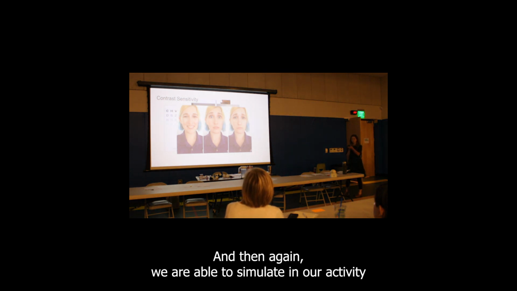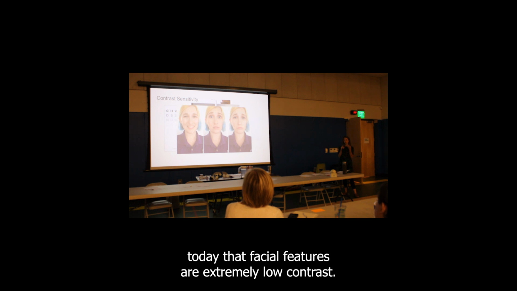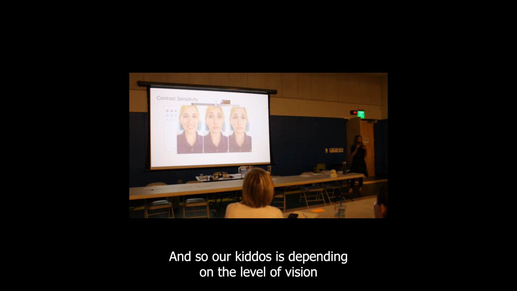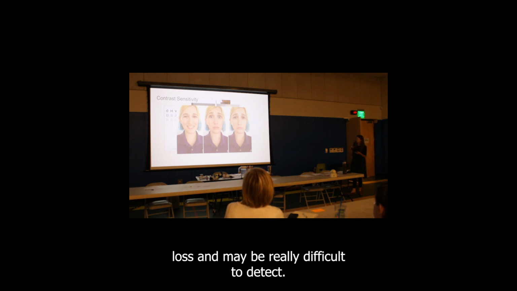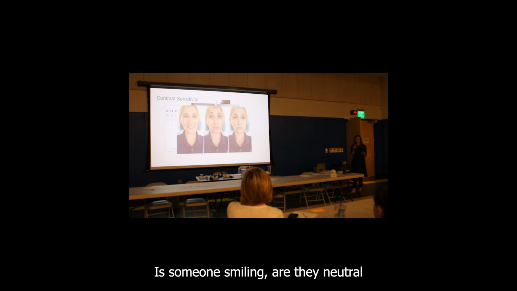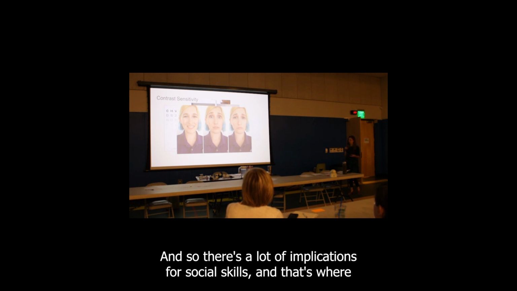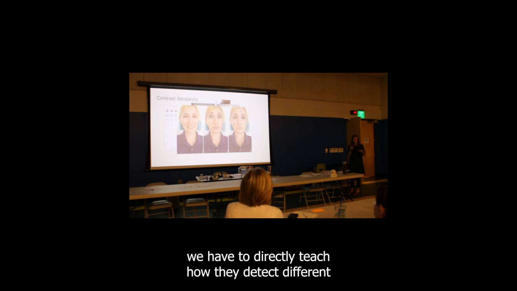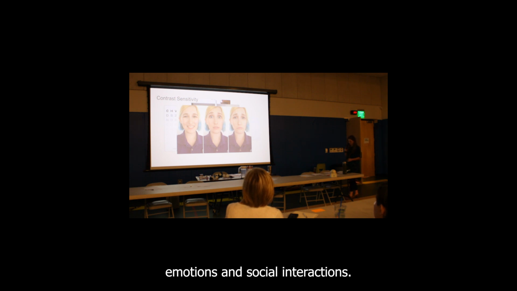And then again, we were able to simulate in our activity today that facial features are extremely low contrast. And so our kiddos, depending on the level of vision loss, it may be really difficult to detect: is someone smiling? Are they neutral? Are they frowning? And so there's a lot of implications for social skills, and that's why we have to directly teach how to detect different emotions and social interactions.